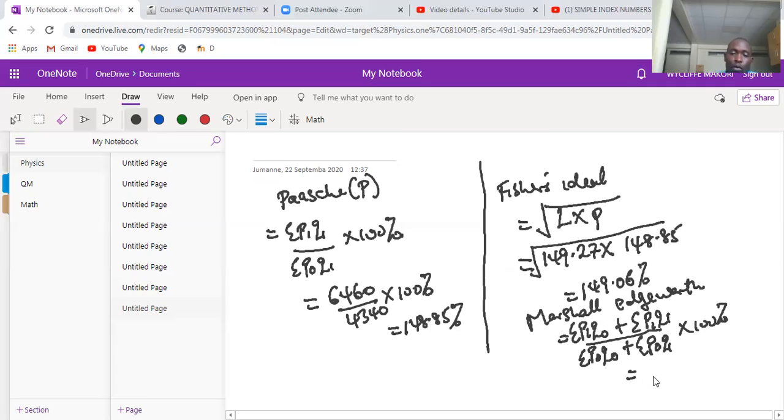So if you get them from the table, they are going to be 5120, which is the summation for this, plus 6460, over 3430 plus 4340, times 100%, which gives us 149.03%. And this is the answer.